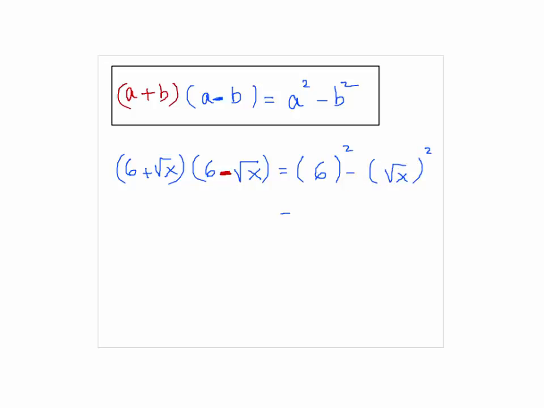So the first term becomes 6 times 6, which is 36, and the second term becomes square root of x squared, which is x. So you notice that we eliminate the radical just by multiplying this term by its conjugate.